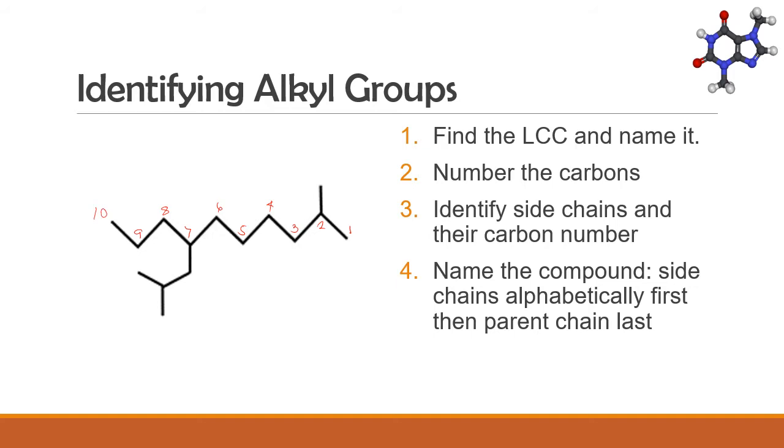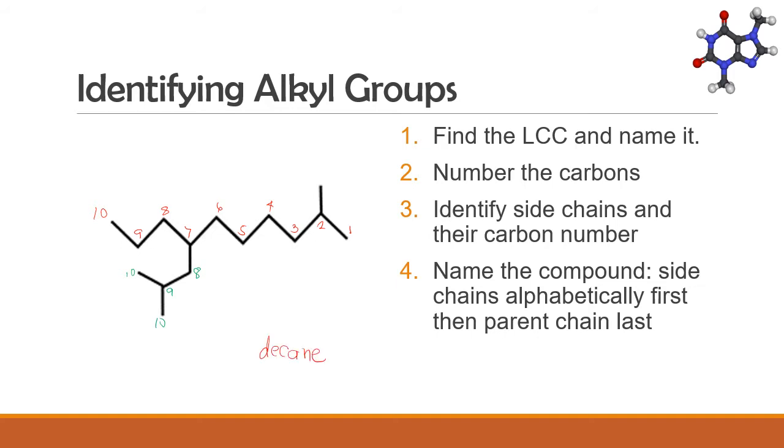We can actually go down this way and number this as 8, 9, or 10, or even this one as 10. Either way, we have 10 carbons as our LCC. So, the name of this parent chain is decane.